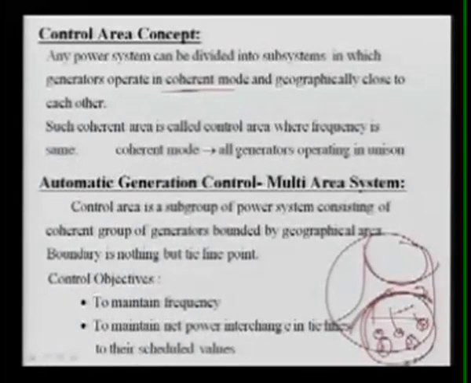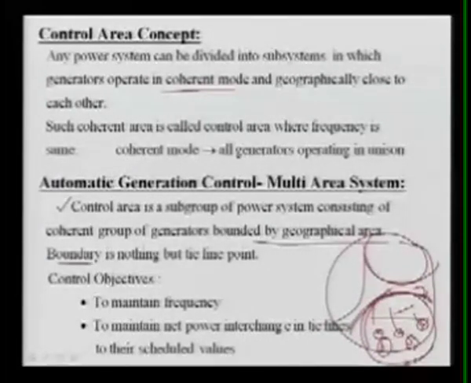So in the multi-area system, for automatic generation control, we normally divide the system into different control areas. The control area definition: a control area is a subgroup of a power system consisting of coherent groups of generators bounded by geographical area.